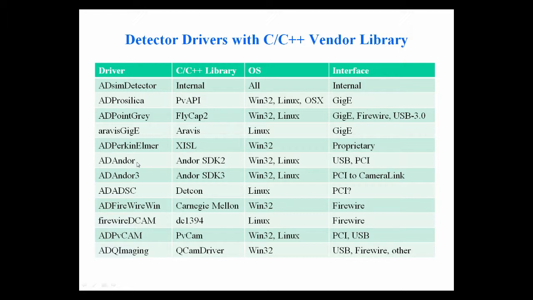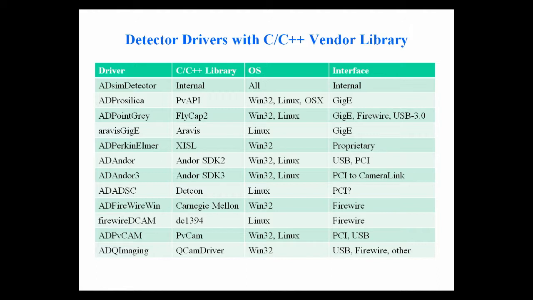Then there's, as I was talking about, Andor. They have their version 2 of the SDK for their USB and PCI cameras, Windows and Linux. Their Andor 3 is their scientific CMOS cameras, newer SDK, again, Windows and Linux. And for the cameras that I've seen at least, it's a PCI interface to Camera Link.